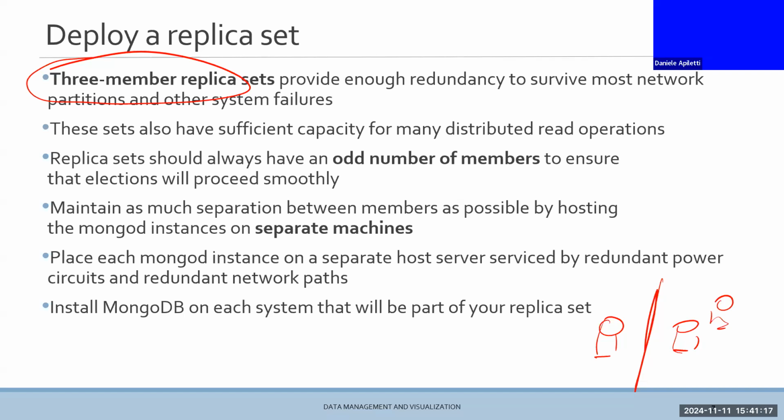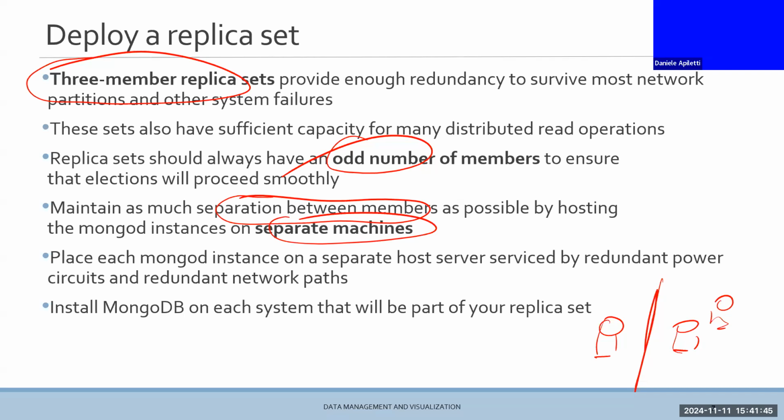An odd number is always a best practice, because when there is a failure you don't have an even number for the election. Another very common situation is separation between members on separate machines. That's just best practice, not only for MongoDB but for any distributed database, for resiliency and disaster recovery.